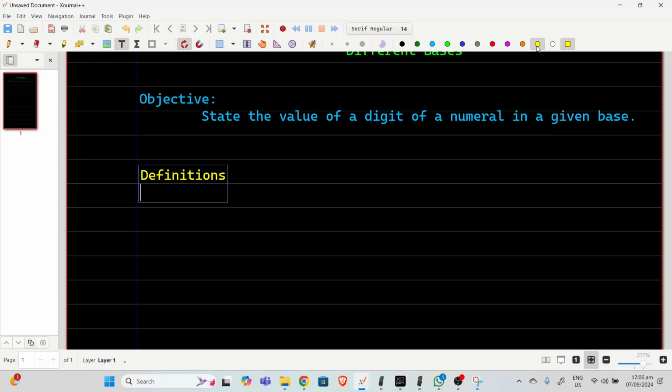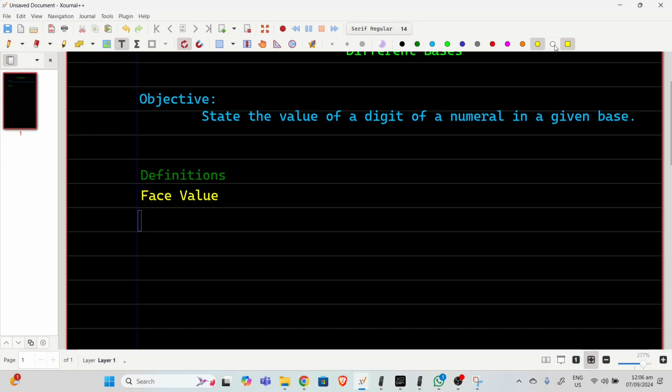And the first definition that we're going to look at is face value. Now, as I said, you already know this, so if you think you know it, you don't have to stick around.